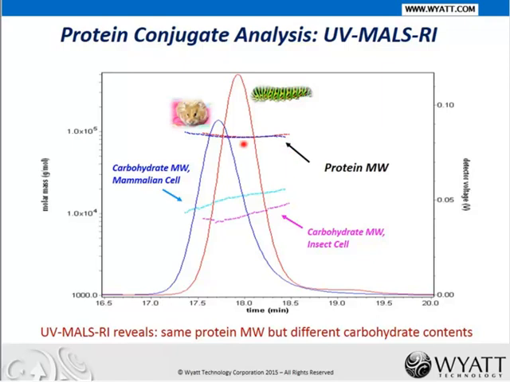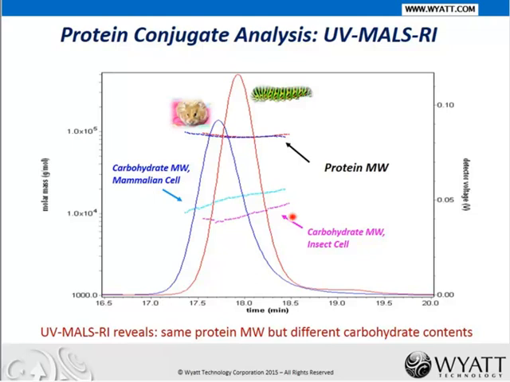So the molecular weight from the protein portion for both samples overlapped because they're the same protein. But the one expressed from mammalian cells has a higher content of carbohydrate, and the degree of glycosylation is about 15%.